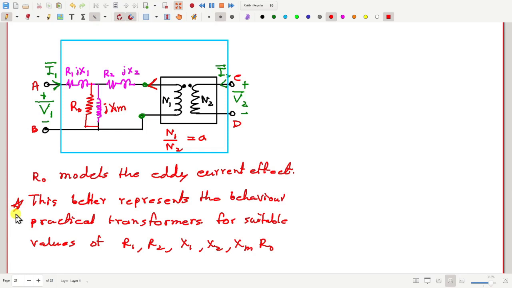Now, one more thing I want to say is this. For a good transformer, how much should be the value of R1 and R2? Should it be small? Should it be large? For a good transformer which behaves more or less like an ideal transformer, how much should be R1, R2, X1, X2?